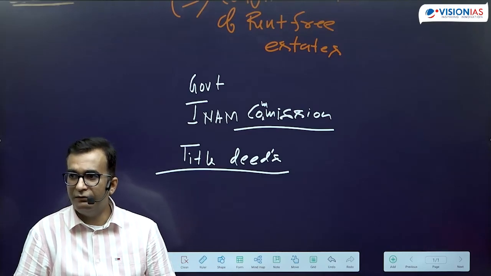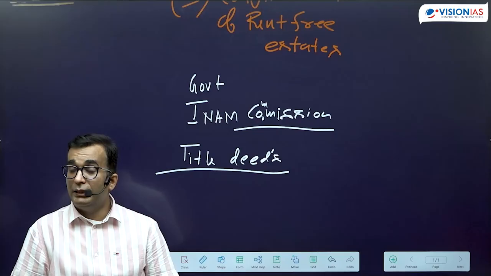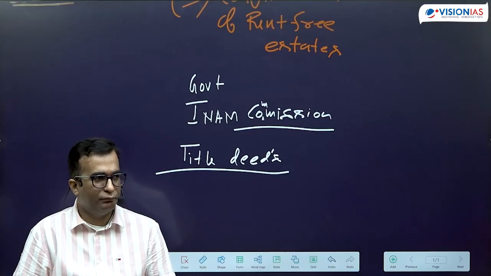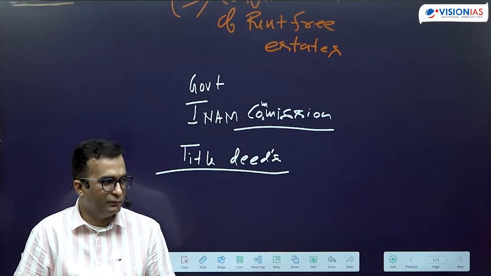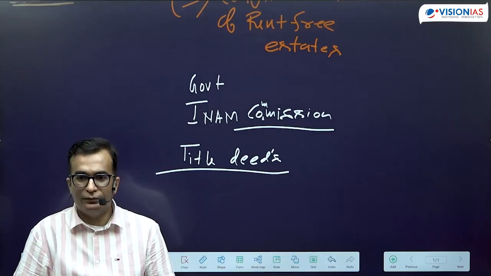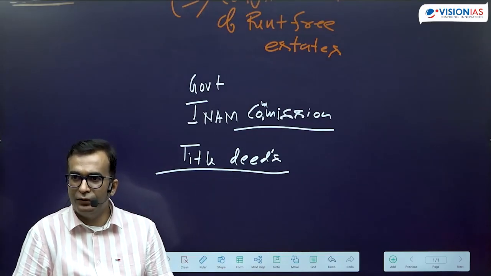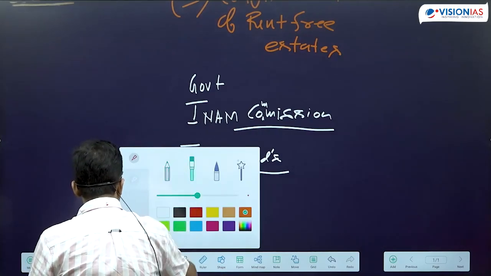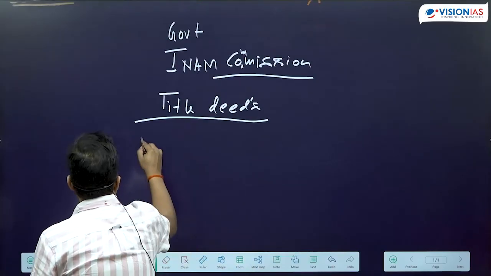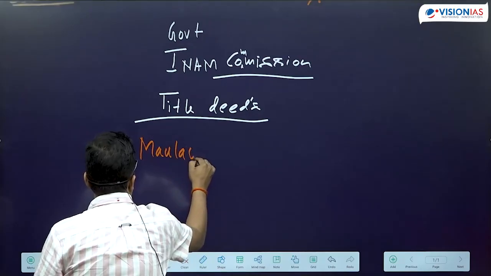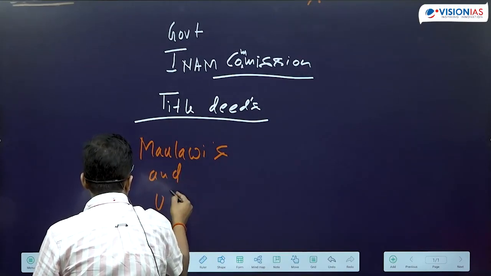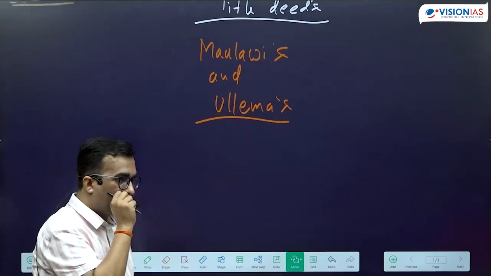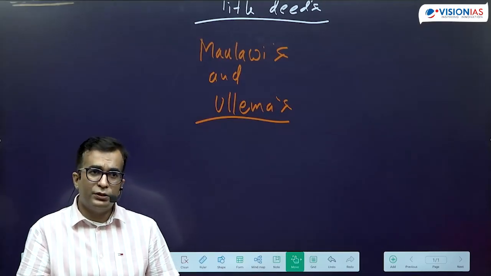Then mention after it, the people who were mostly disaffected with this judgment were belonging to the religious class like Maulvis and ulemas. So this is what is about the economic reasons.